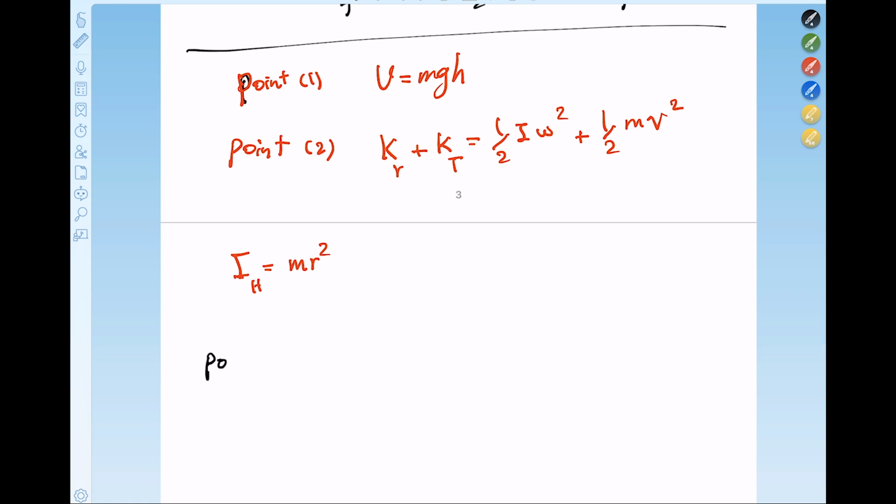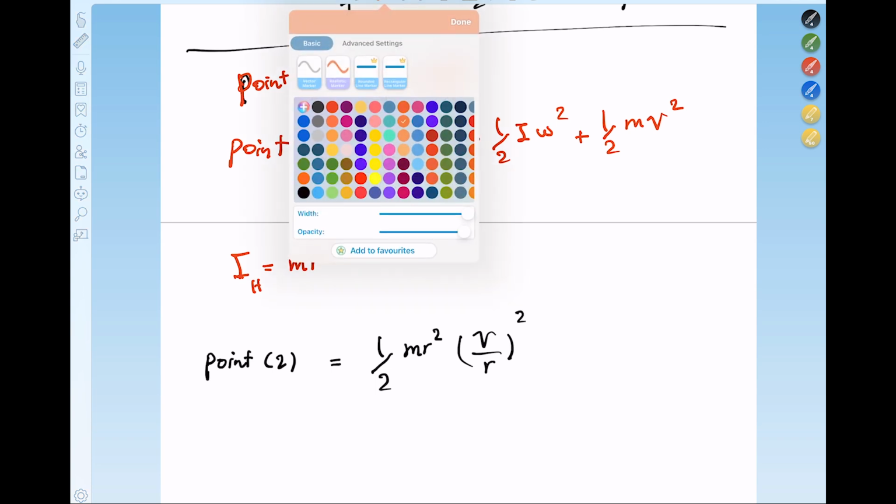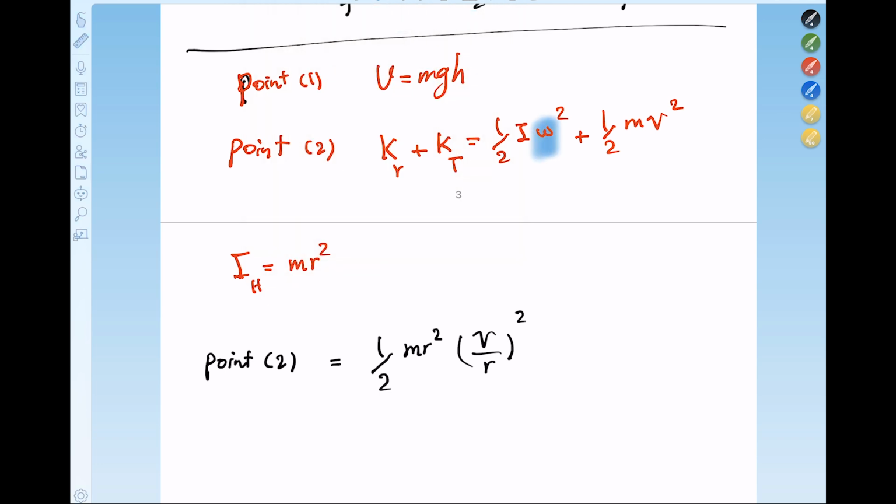Point 2 will have half times mr squared, times omega squared, where omega is V over R, plus half mv squared. I'm going to cancel R squared with R squared.